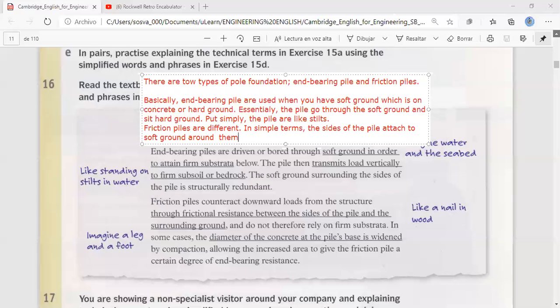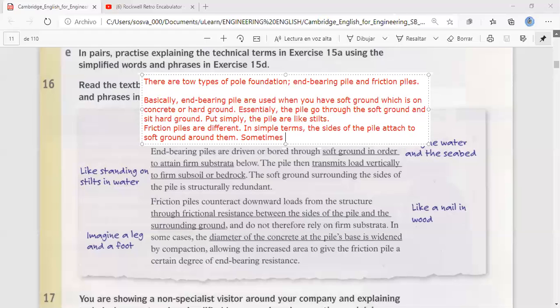That's the same as saying that they are surrounding ground. Friction piles are different in simple terms. The sides of the pile are attached to the ground around it.